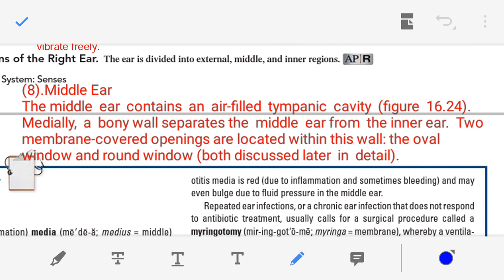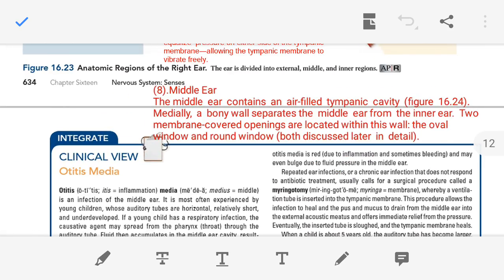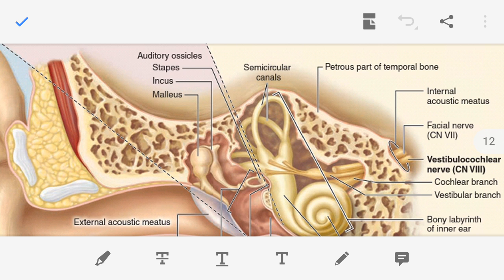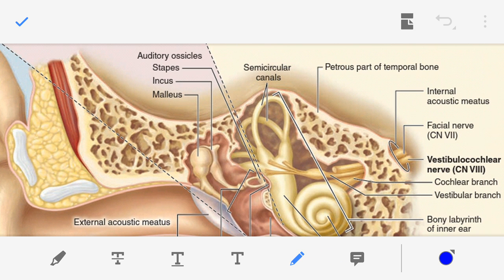Now between the middle ear and inner ear, a bony wall is present. Let me show you this. Here, as you can see, these are 1, 2 and 3.